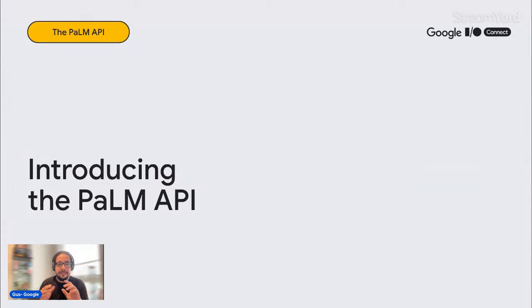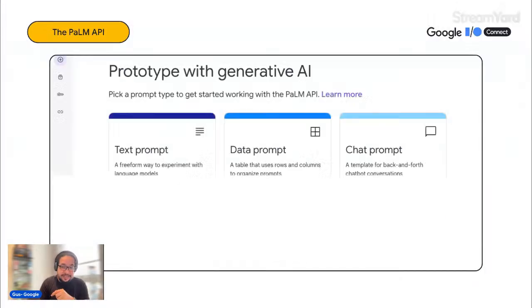This API is free for you to access. I don't think there's any cost as of today, and you'll see many libraries to how to do that in code. But the thing is, if you want to just start playing with it, you are not going to start by writing code.